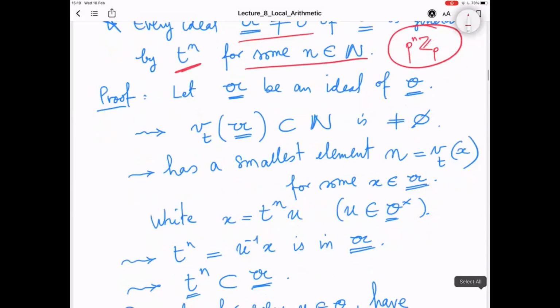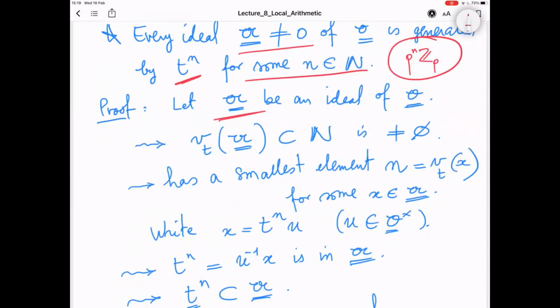So let's take an ideal, and it's non-zero. Maybe I should say union infinity. So if I take the vt of that ideal, that's going to be a subset of this N union infinity.